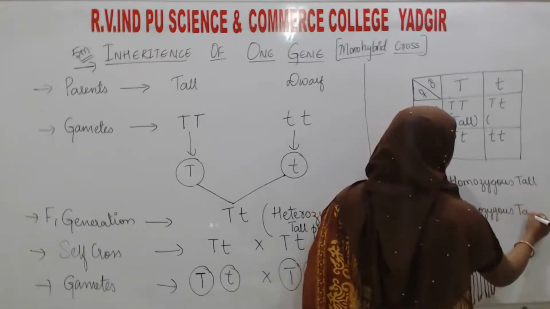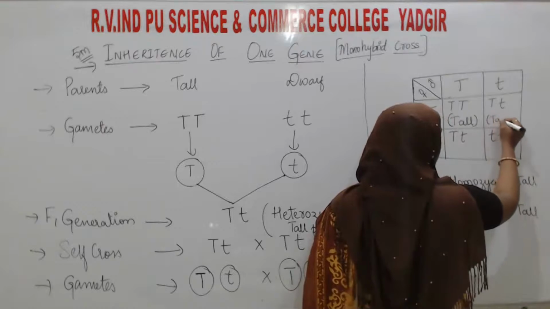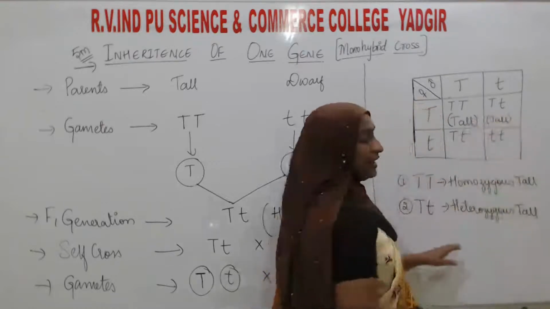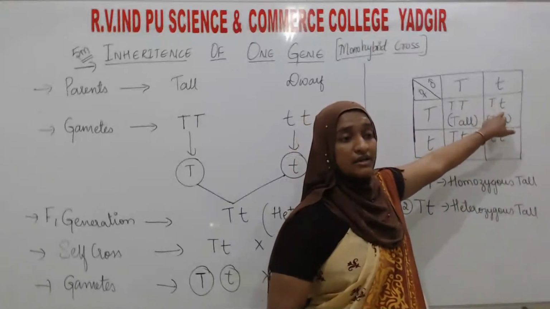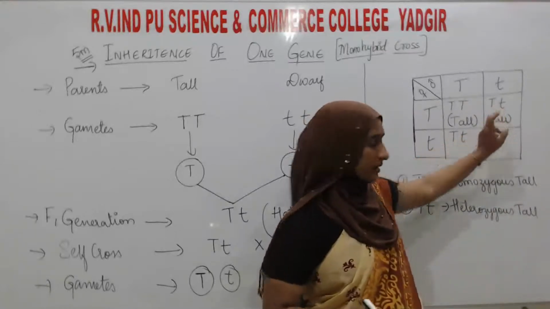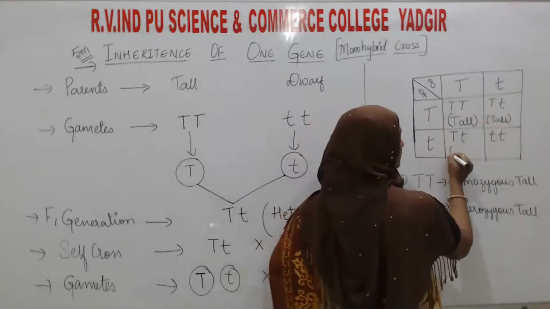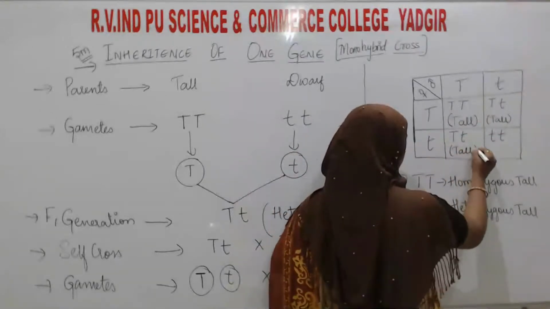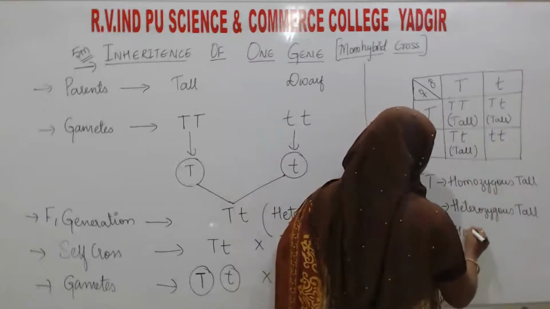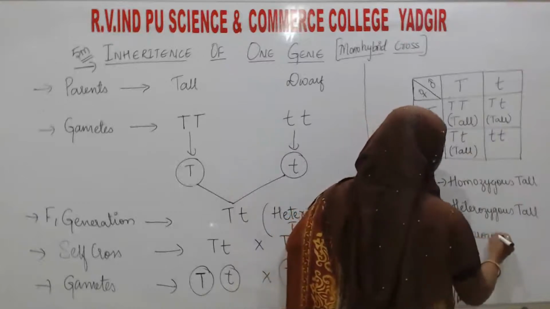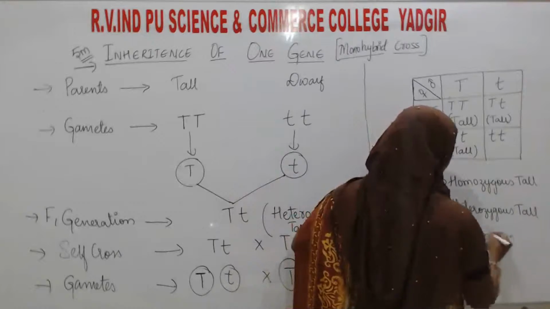Heterozygous tall. This is also tall, but it's heterozygous, because the second gene is differing, it's dissimilar. Then here you see this is also tall. Third one, and which tall? That is the heterozygous tall.